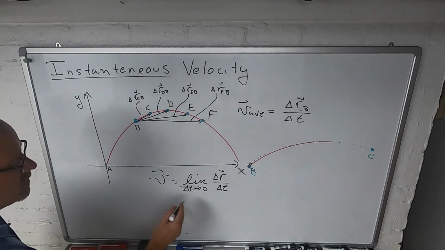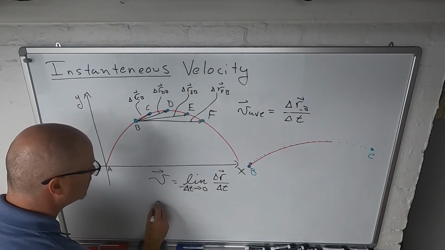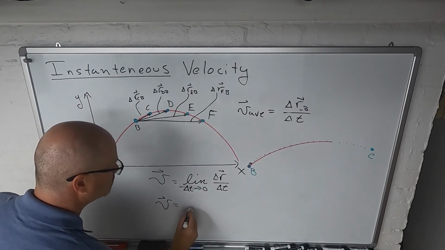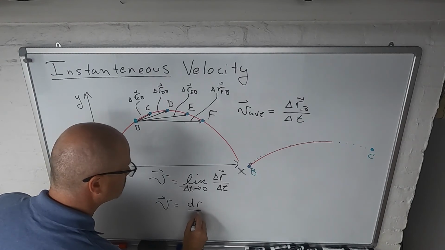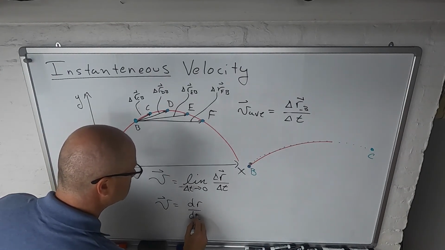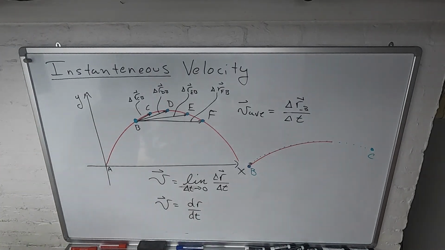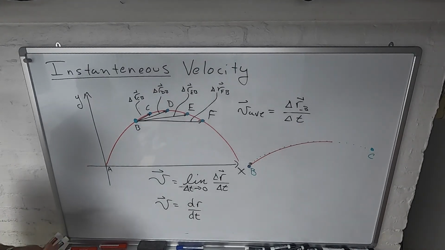And what we end up with when we take this limit is a derivative, dr dt. And so, if you're not familiar with limits, I would look into that a little bit.